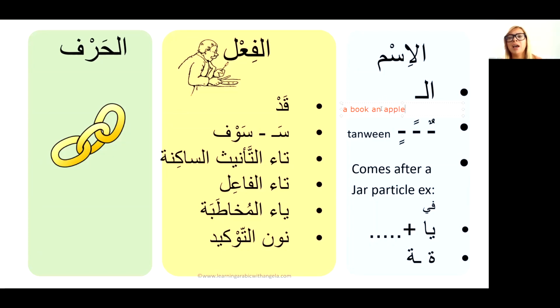In Arabic we don't have an indefinite article, so we use tanween, which is the double dhamma, double fatha, double kasra, depending on the grammatical case. So I can say kitaban, kitabun, or kitabin, depending on the grammatical case of the noun.